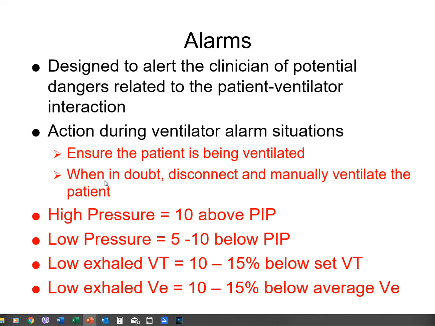So let me repeat that again. So high pressure, if you have to choose low and high, go 10 above and 10 below your PIP. For your low exhale tidal volume, we're going to go minus 200. So if you had a high exhale tidal volume, we'll go plus 200. And then again, if you have a low exhale minute ventilation, we're going to go with 2 below, I'm sorry. Because remember, our minute ventilation is between 5 to 7.